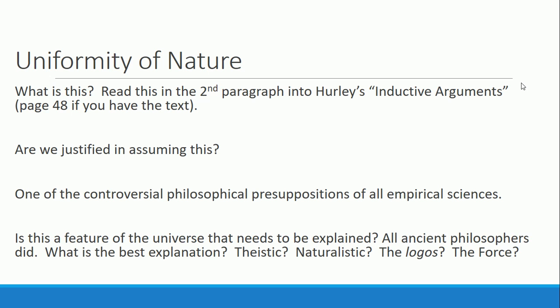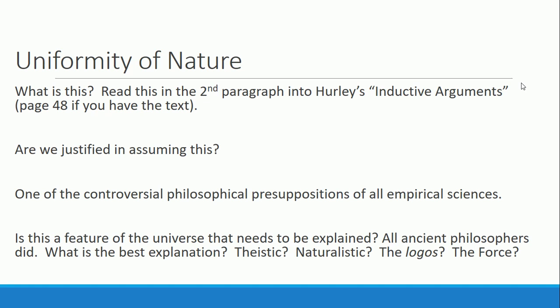Uniformity of nature. Read that in the second paragraph in Hurley's inductive arguments. So, this is one of the controversial philosophical presuppositions of all the empirical sciences, and we need this in logic as well. Sugar is going to taste the same tomorrow. Gold is still going to have the same atomic number tomorrow.